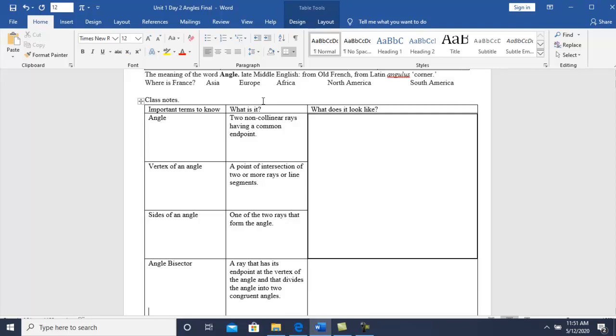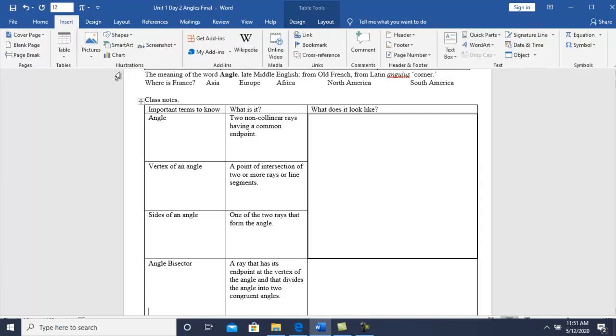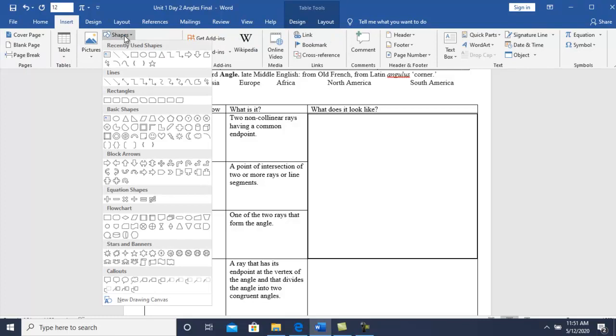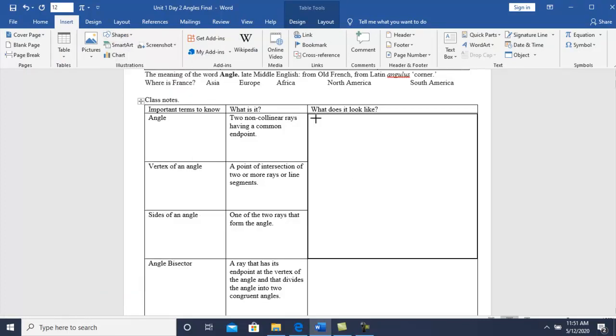All right, so the first term we're going to talk about is an angle. And what is it? It's two non-collinear rays having a common endpoint. So we're going to draw a picture of an angle here.